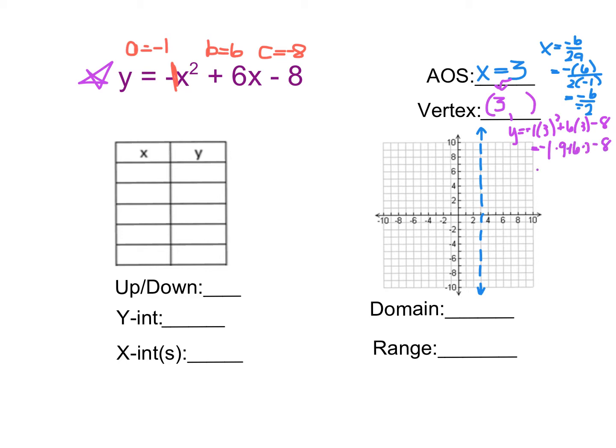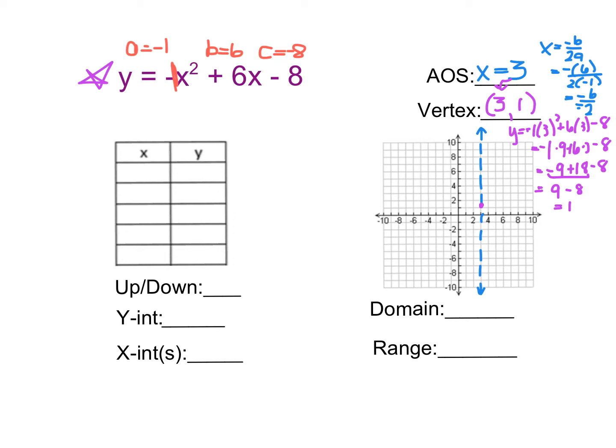Then I do my multiplications, so I have -9 plus 18 minus 8. Then I combine addition and subtraction left to right. So here I get +9 minus 8, or 1. So I get y is 1. So if I now go to my graph, I go to x is 3, y is 1, and I plot the point. So I found my axis of symmetry and vertex.